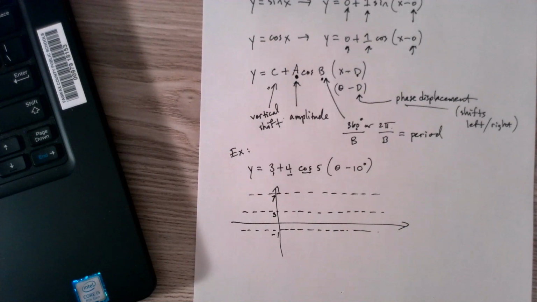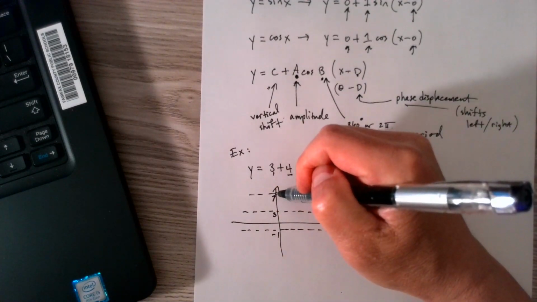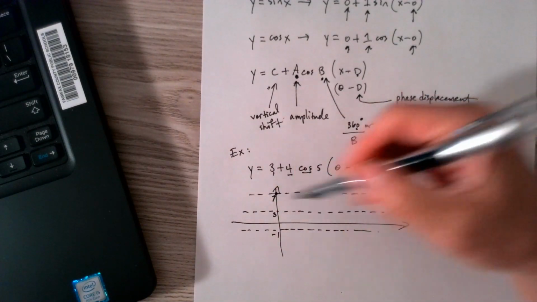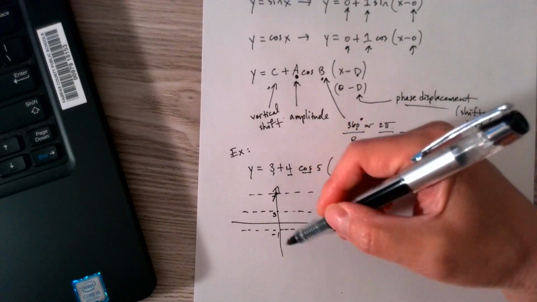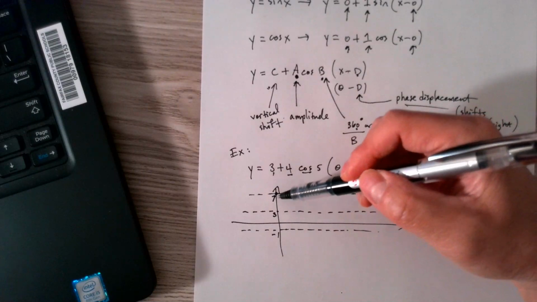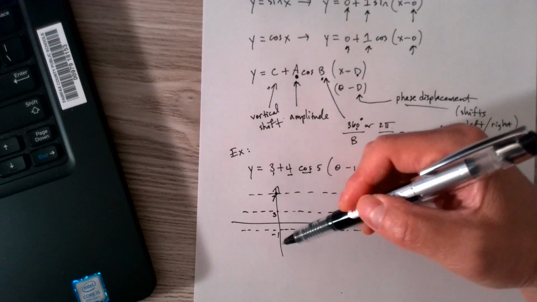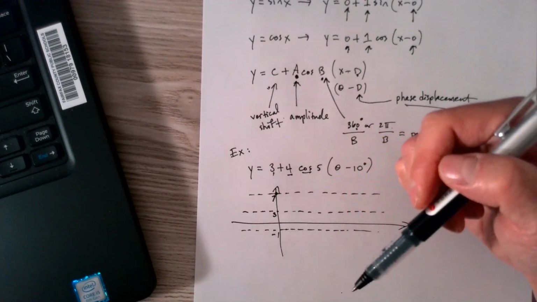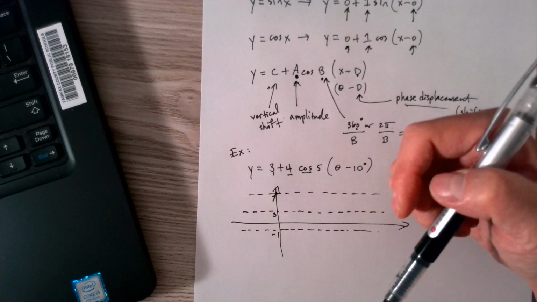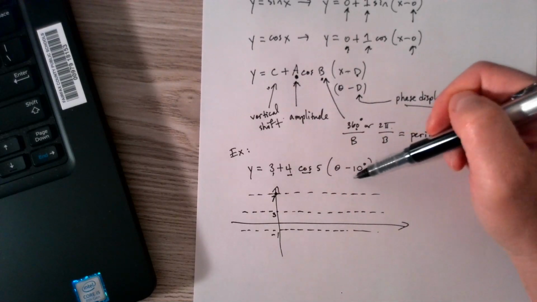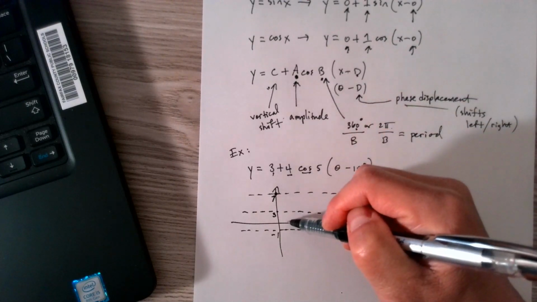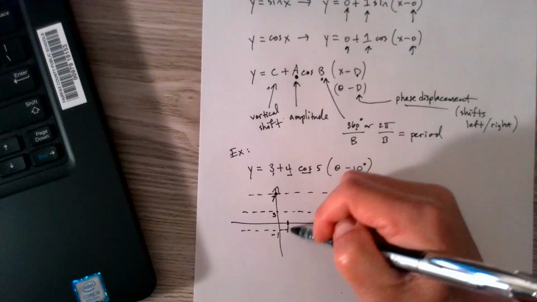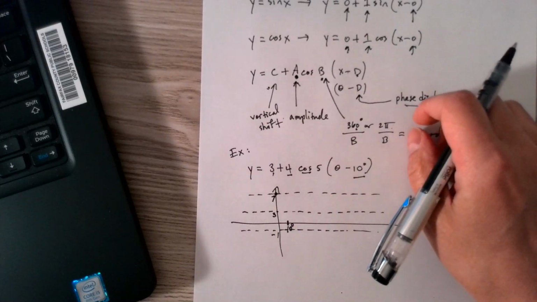Okay, now I'm not going to impulsively start my first cycle here, because the cosine graph will only start at the y-axis if there's no left-right shift, no phase displacement. But if you look here, we do have a phase displacement, so it's not going to start here. It's going to start at 10 degrees.